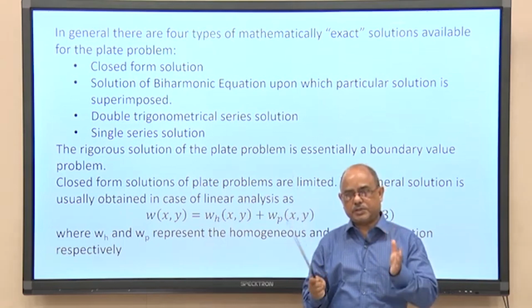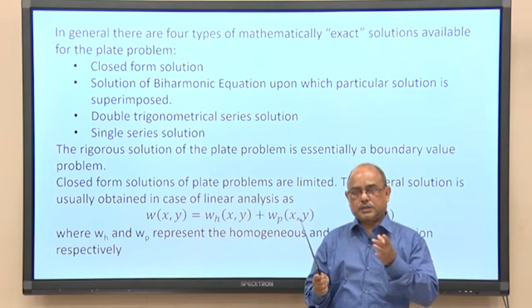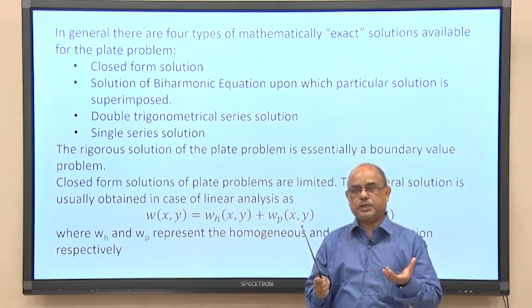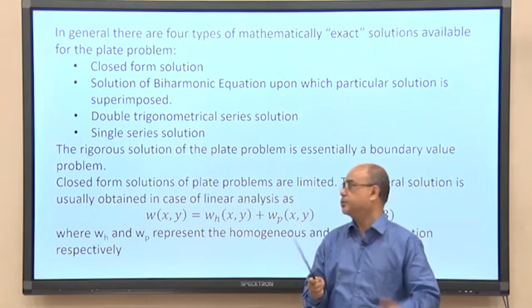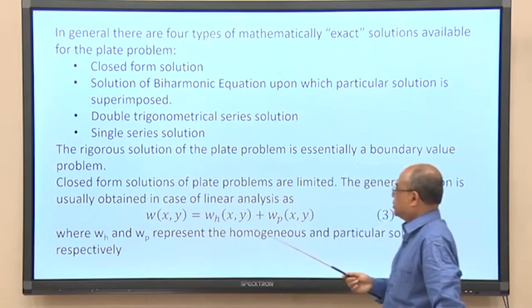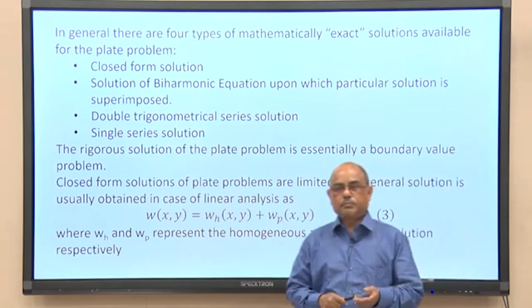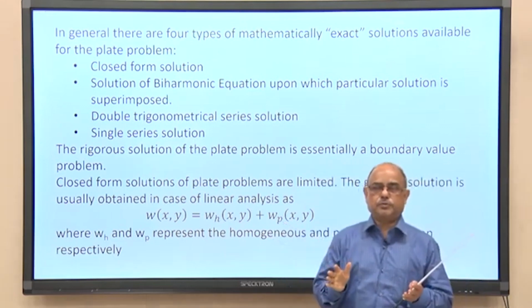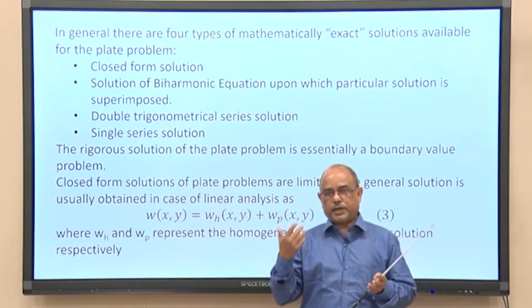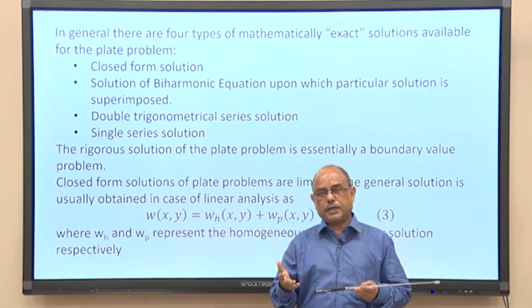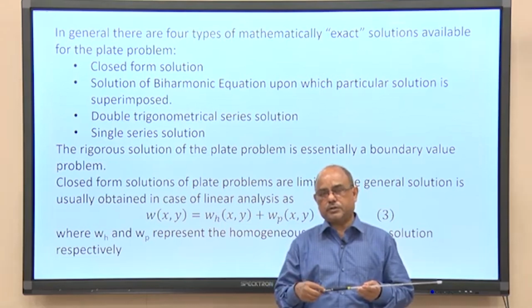Especially for some specific boundary condition, single trigonometric series or double trigonometric series can be conveniently used to find the closed form solution. Okay. The rigorous solution of the plate is essentially a boundary value problem, because boundary condition you have to impose. When you find the homogeneous solution of the biharmonic equation, then you will get, because it is a fourth order equation.